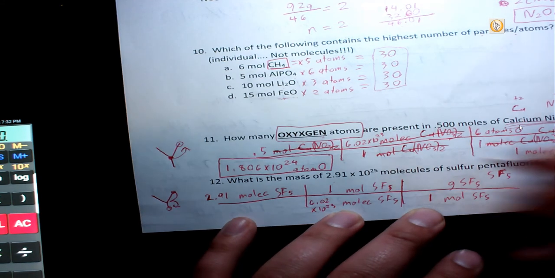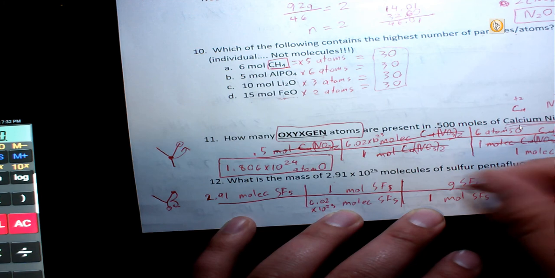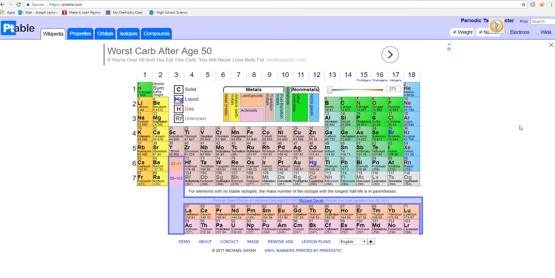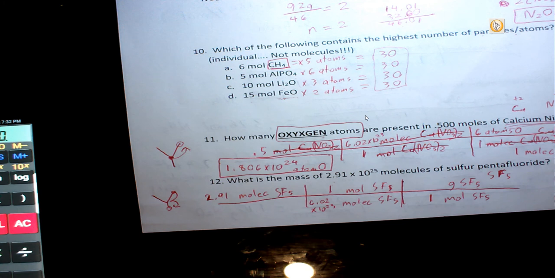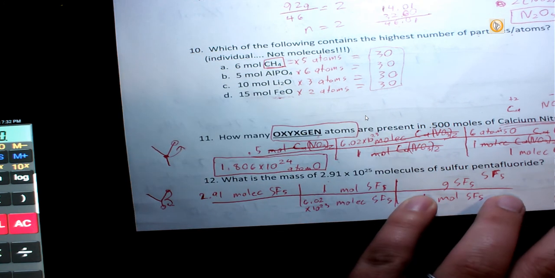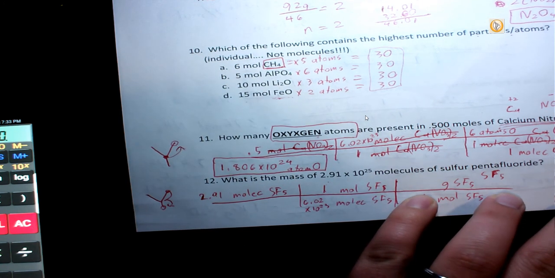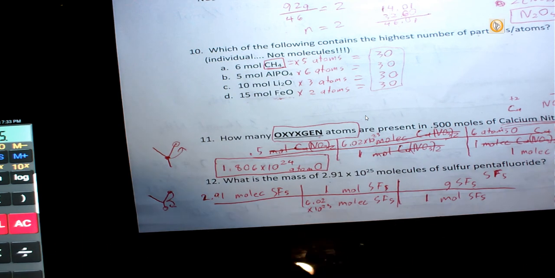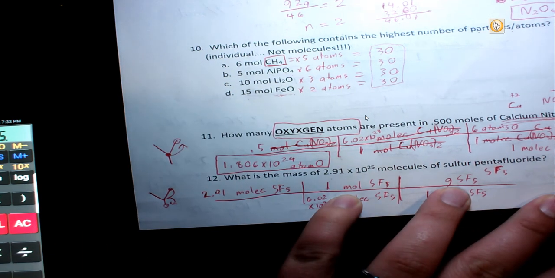And grams is going to be the molar mass of this. So we need to take the molar mass of sulfur, which we look up as 32.06, and the mass of fluorine, we can just round that to 19. So let's go out here to the side. 32 plus 19 times 5, which gives us 95.